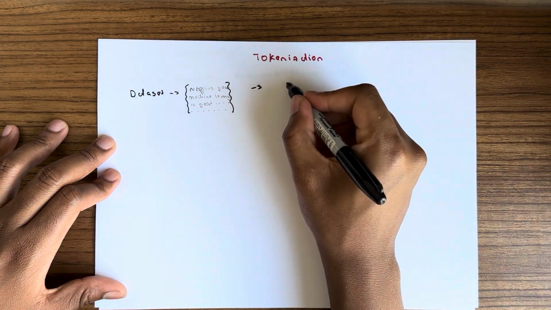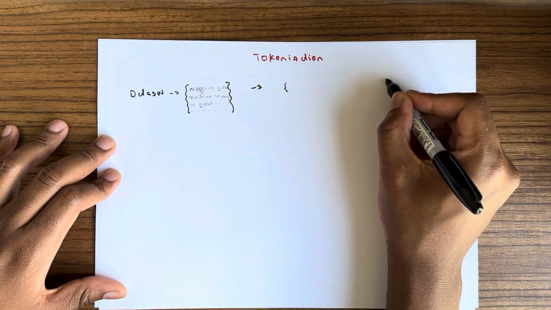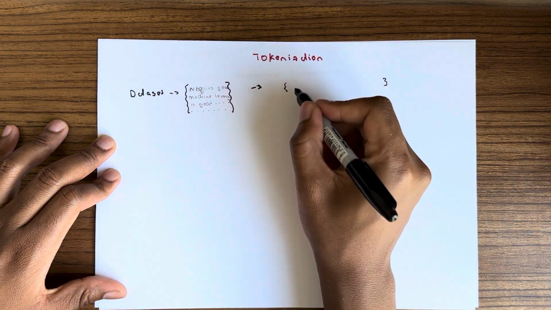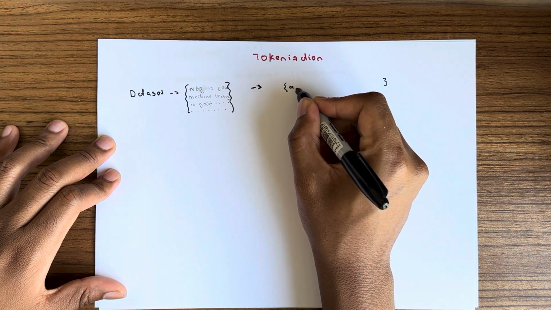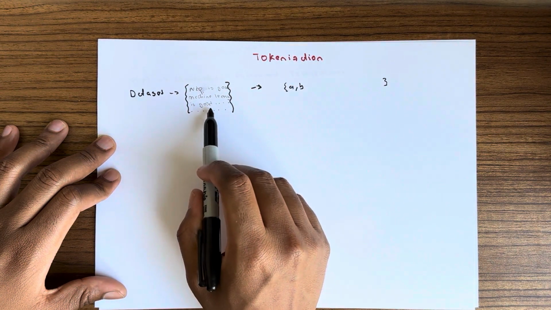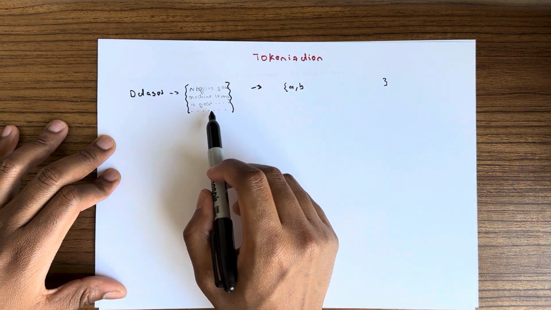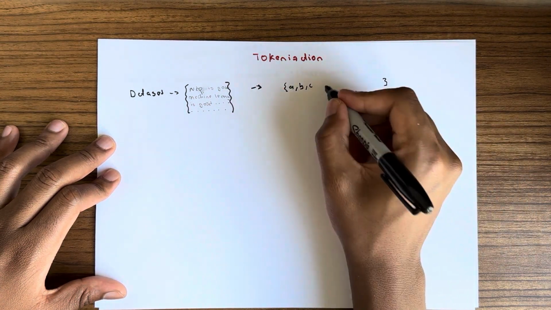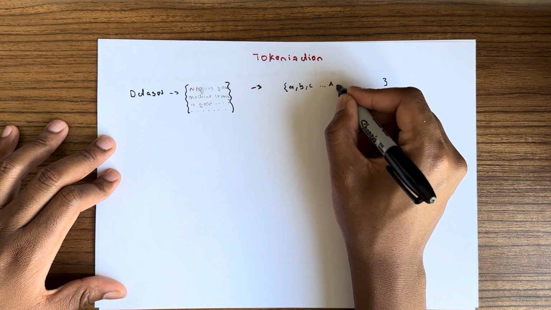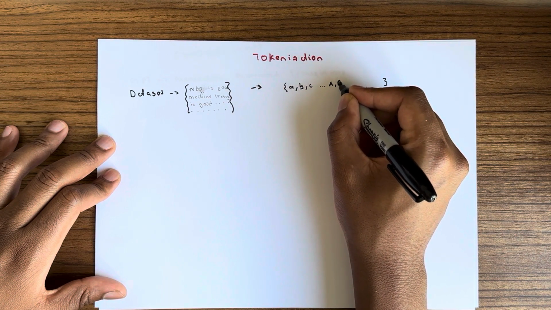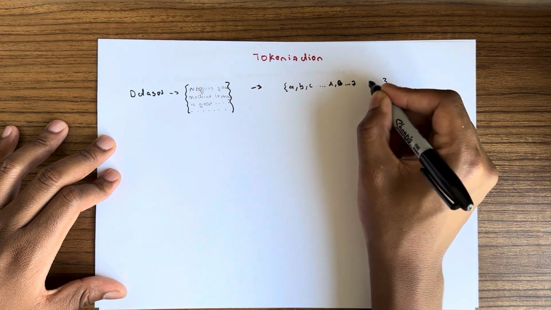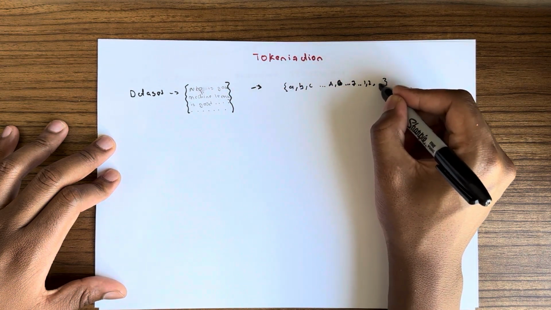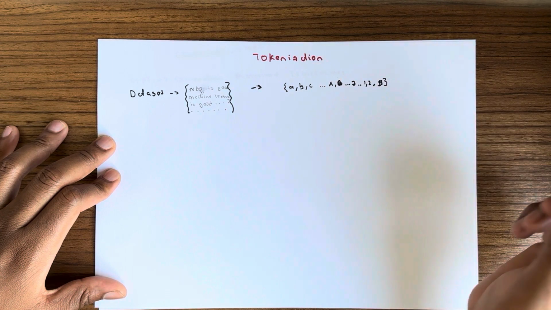The first thing I want to do is write all the distinct characters in my data set. Starting with a, b, maybe there's letter a in some place, there's letter b, then c, and capital A, capital B, all the way to Z. Maybe there's 1, there's 2, and maybe there's a dollar sign.